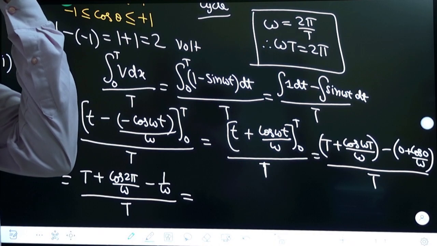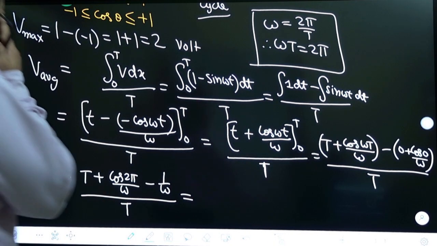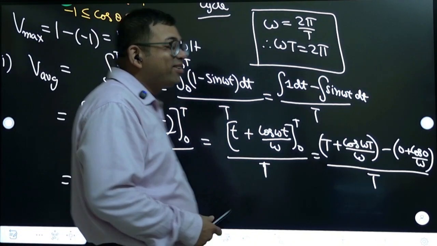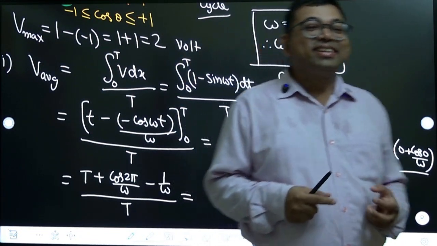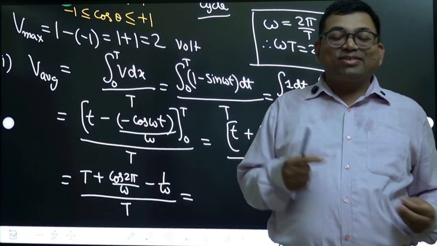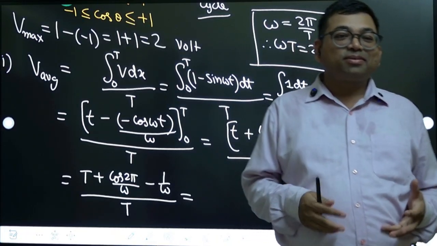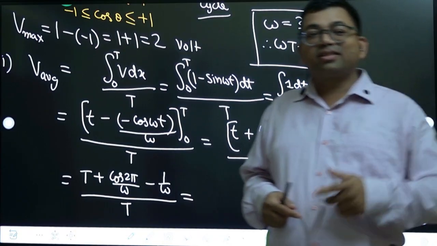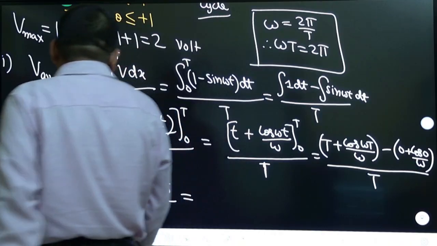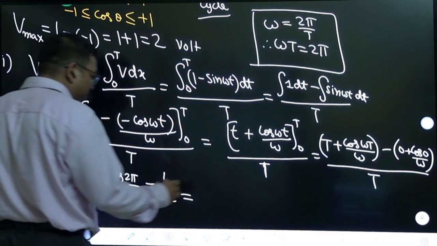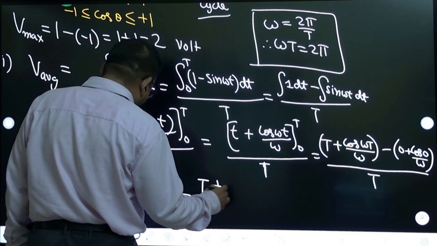So this is where you people are lagging. Cos 0, cos 2 pi, cos 90, cos 2 pi. Yes, Sam, correct. This is where you should not lag.